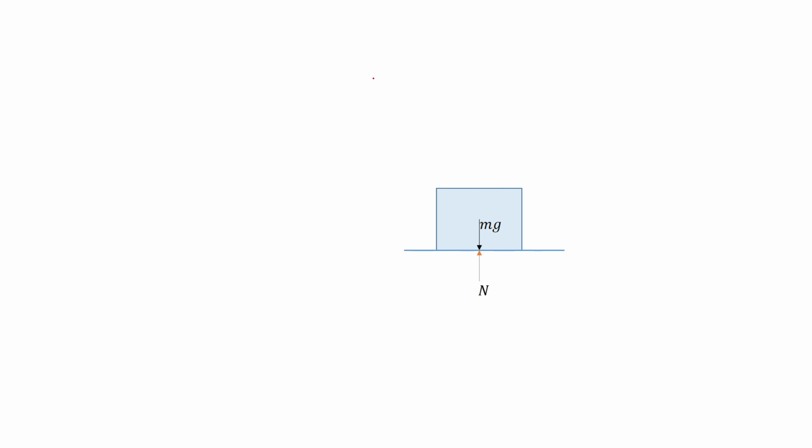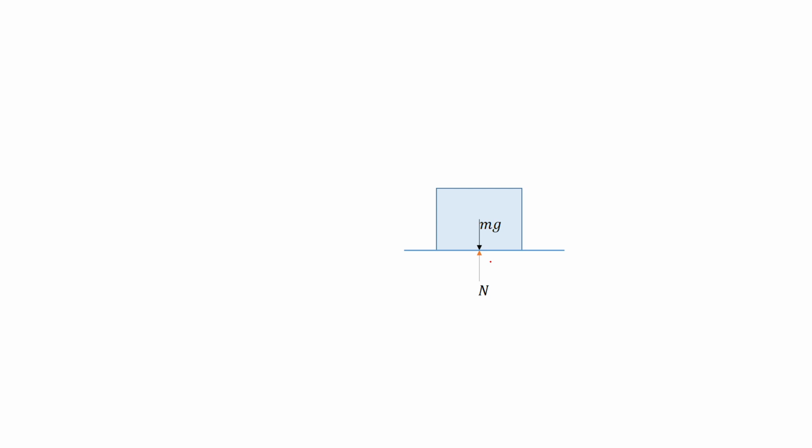For translatory equilibrium, net force in x direction must be 0, which is by default 0. Net force in y direction equals 0, which is mg equals normal reaction N, and net torque about any point equals 0. In this case these two, mg and N, are collinear forces, so their net moment about any point will be 0.